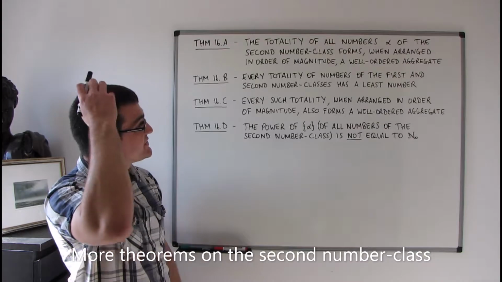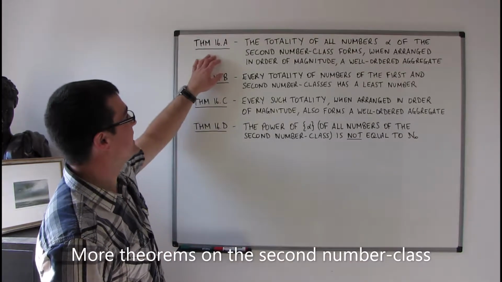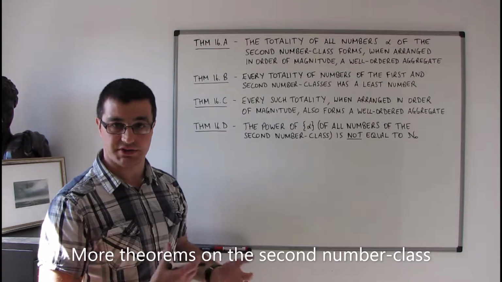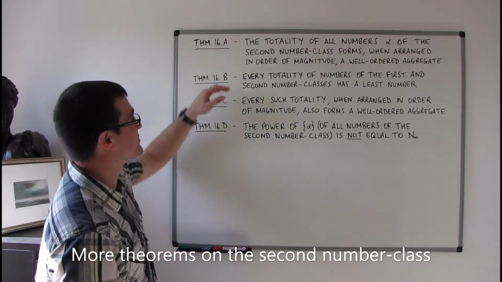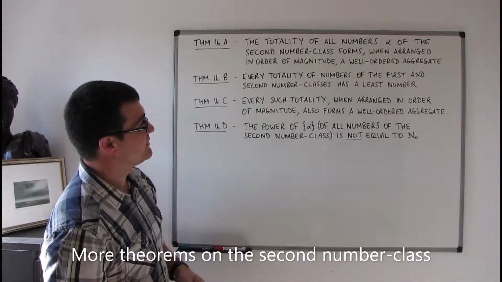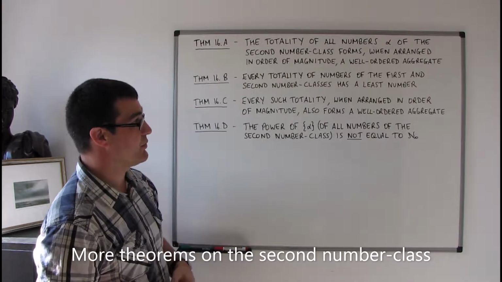So the first theorem here, Theorem 16a. This video roughly corresponds with the material from section 16 in Cantor's work. The totality of all numbers alpha of the second number class forms, when arranged in order of magnitude, a well-ordered aggregate.